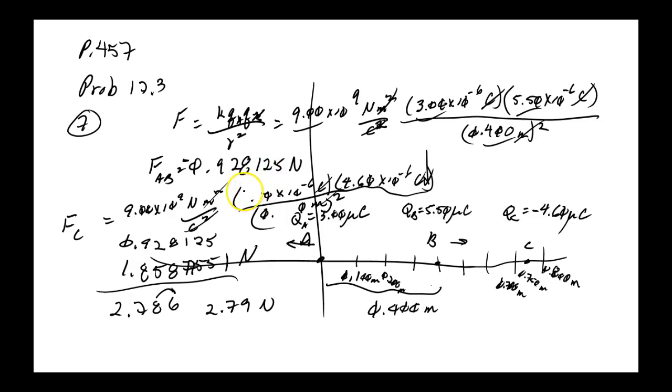9.00 times 10 to the 9th, and then the charge of A is 3.00 times 10 to the minus 6. C is 4.60 times 10 to the minus 6, and the distance between them is 0.750 squared. Okay? All right. This one will be slightly that way.